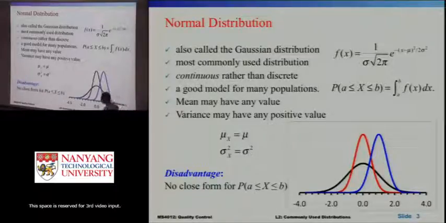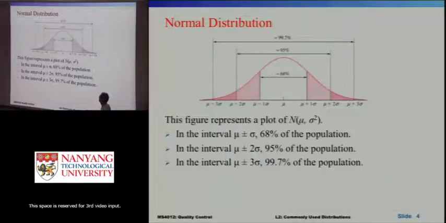Then people worked on this, and they studied it again and again. Finally, they found that if we draw the normal distribution this way, and we put mu in the center, then, mu minus 1 sigma, mu minus 2 sigma, and this is mu plus 1 sigma, mu plus 2 sigma.